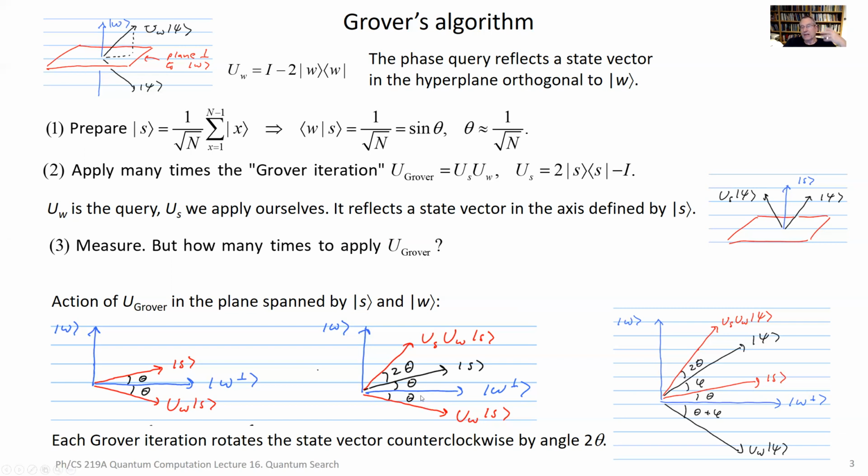Then it gets reflected in the axis S. So that means it winds up over here, rotated by 2 theta counterclockwise relative to S. Okay, so that, I've indicated here, is the result of applying the Grover iteration, first UW and then US, on this initial state S. All right. So we rotated it further up towards W.